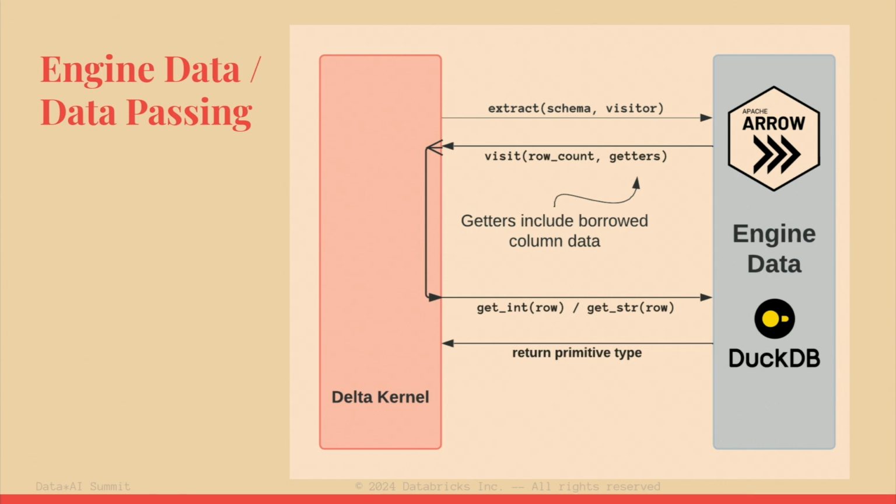Like we don't necessarily want to go row by row because you might have the whole column in memory. So it makes it fairly efficient to implement this for those kind of engines. And then the kernel can call back into these getters and just quickly read the data out. But all of this is only guaranteed to be good for as long as the visit.